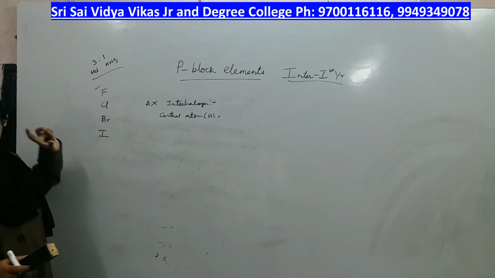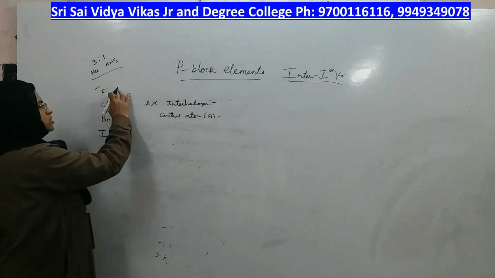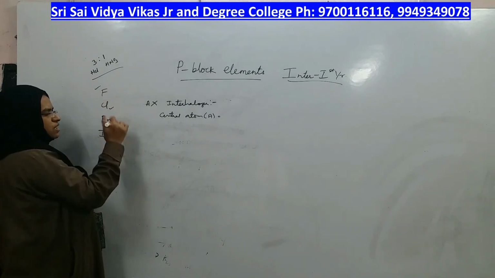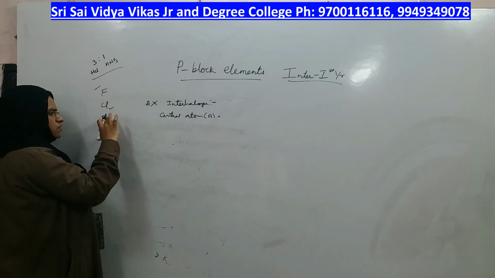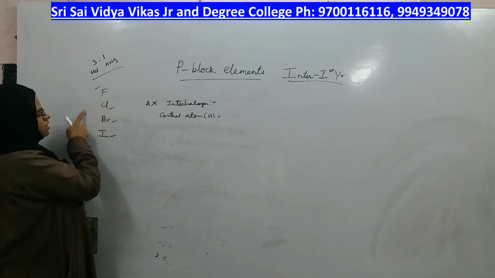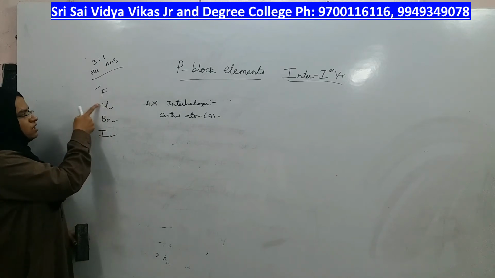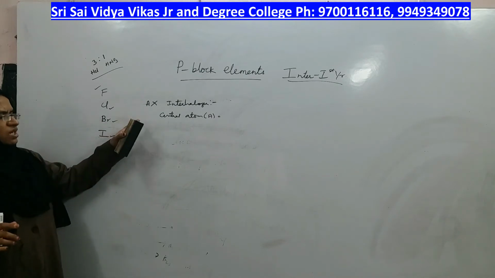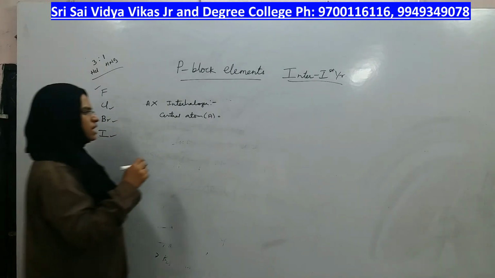Large size halogen. In between these two, who is large size halogen? Chlorine is large size. In between these two, bromine is large size. In between these two, this is large size, right? Same way, in between these two, who is large size? Bromine. In between these two also, iodine is large size. Large size should be in the center and small size should be at the corner.